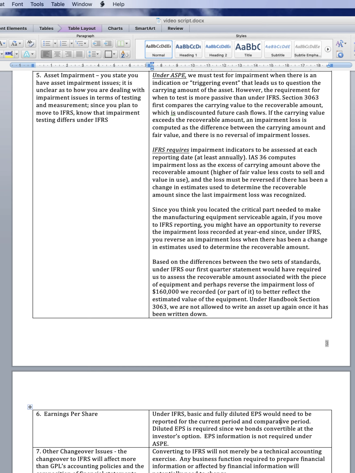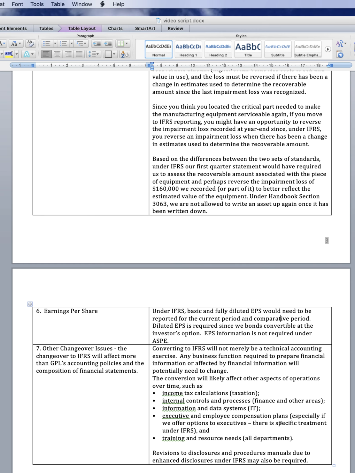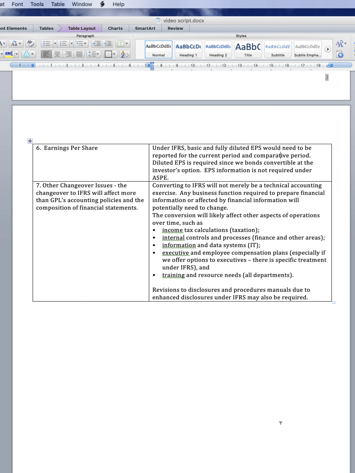Now, earnings per share is important because you'll notice here in the income statement, they didn't calculate an earnings per share, but don't forget under IFRS, you're going to. In fact, you'd not only need to do a basic, but you'd also need to do a diluted EPS because you have convertible debt. So what if the lender or the investor had converted?